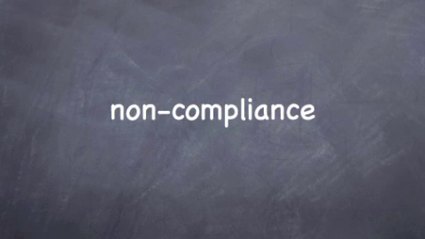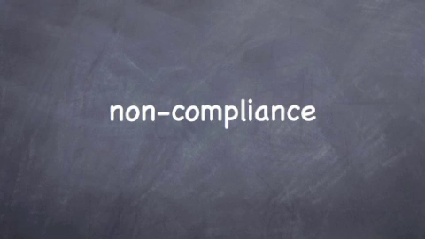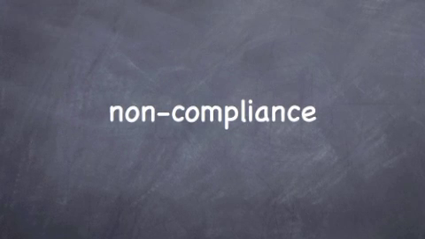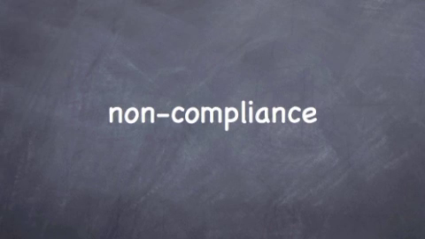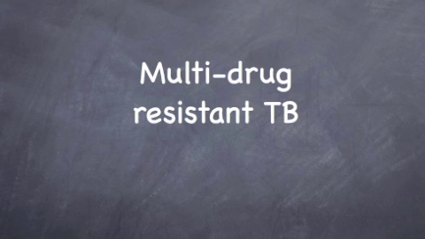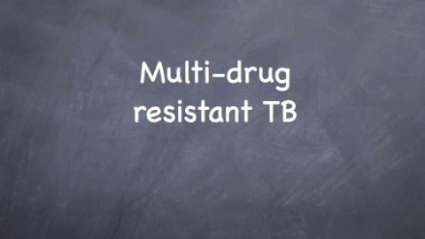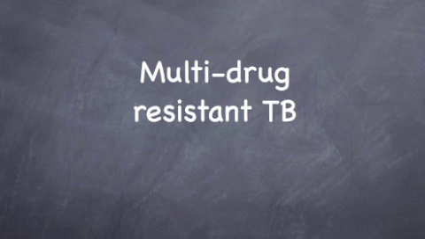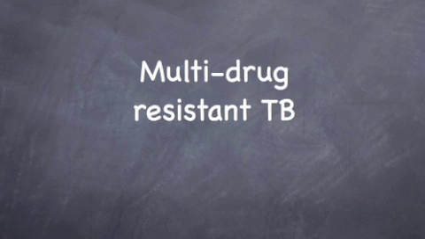They don't come back for follow-up, or they move from place to place, and they are very poor reporters of who they had contact with, so the disease may have spread to individuals that we have no knowledge of. We also know, of course, that the elderly are at high risk, and with the onset of the resistant types of illnesses to antibiotics, we know that TB also falls in that category, and so it becomes much more widespread as a result of that.